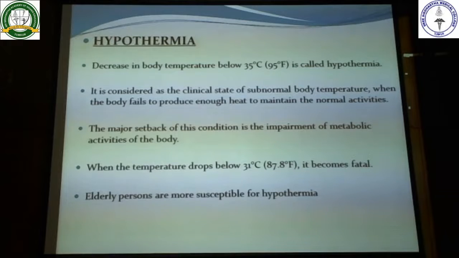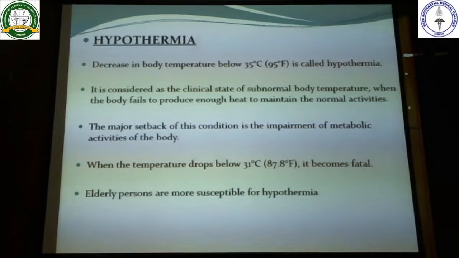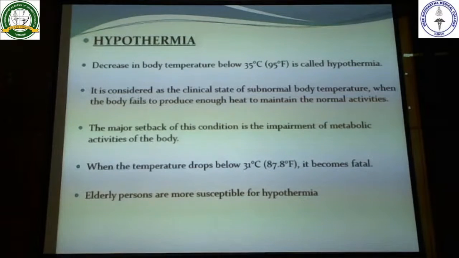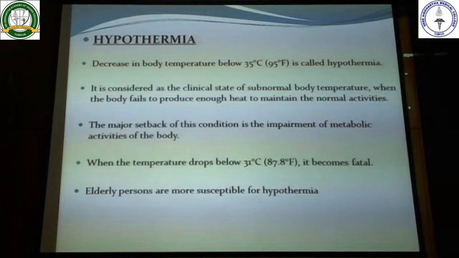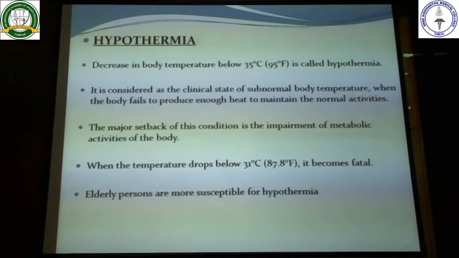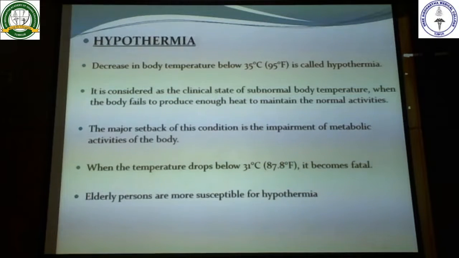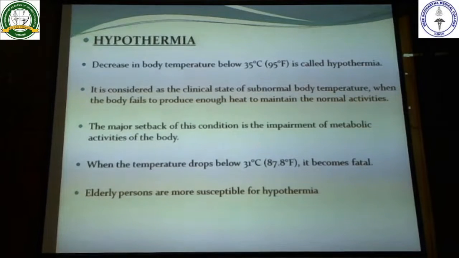The major setback of this condition is the impairment of metabolic activity. Just now I told you, in hypothyroidism the same thing happens, right? And when the temperature of the body falls below 31 degrees centigrade, it is life threatening and fatal. The person can die also. And elder people are more susceptible to hypothermia.